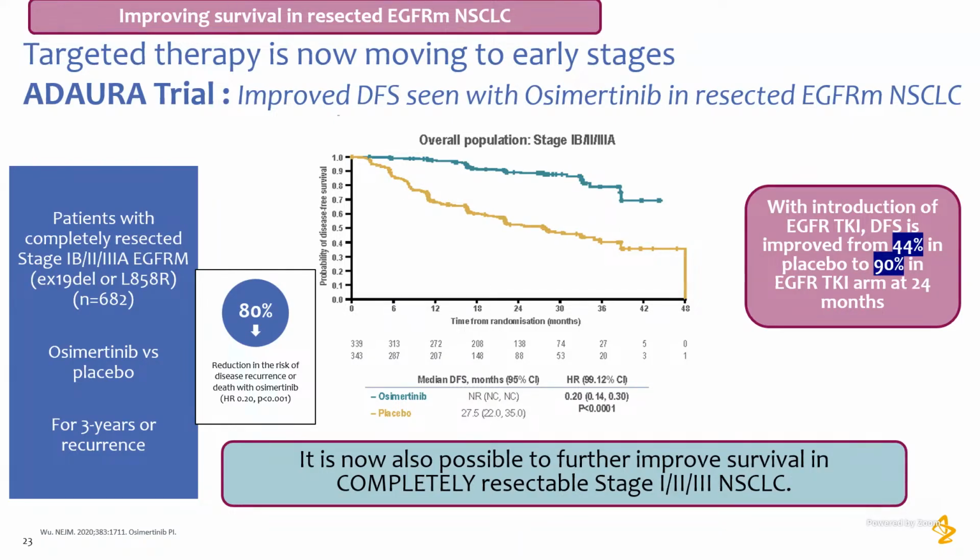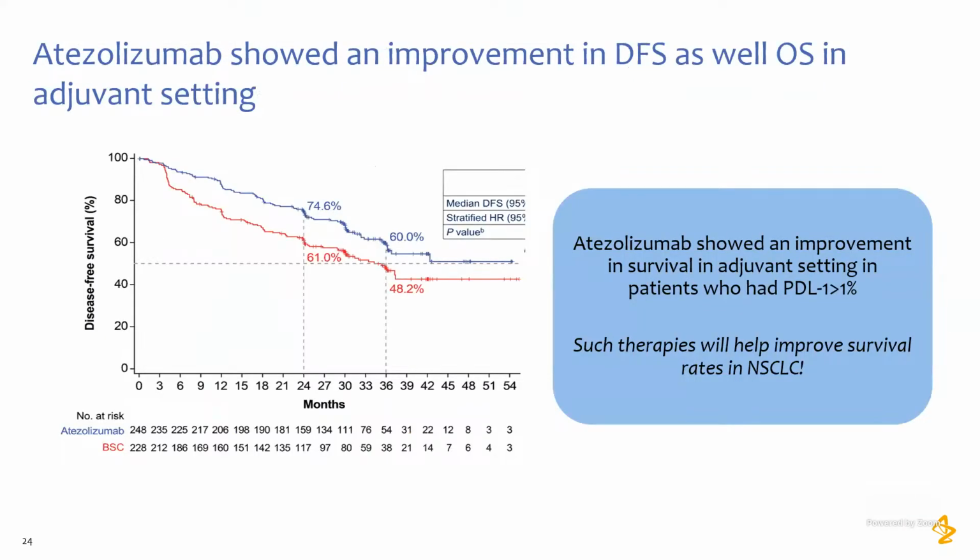With introduction of EGFR TKI, DFS is improved from 44% in placebo to 90% at 12 months. In the adjuvant setting, in patients who had PD-L1 more than 1%, such therapies will help improve the survival rate in non-small cell lung cancer patients.